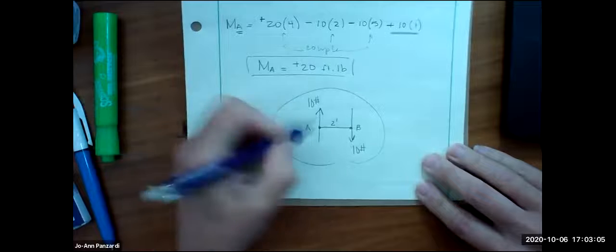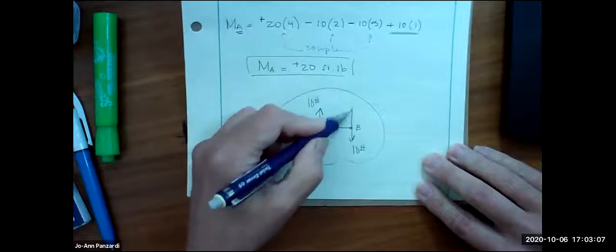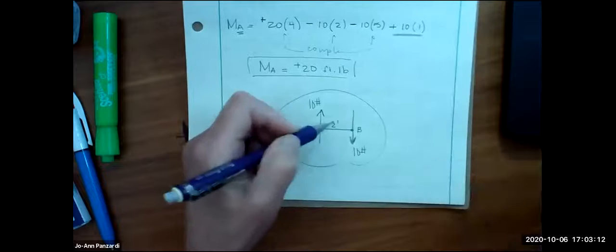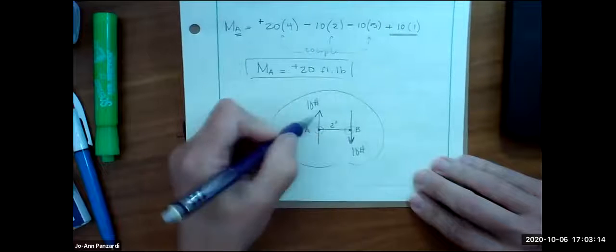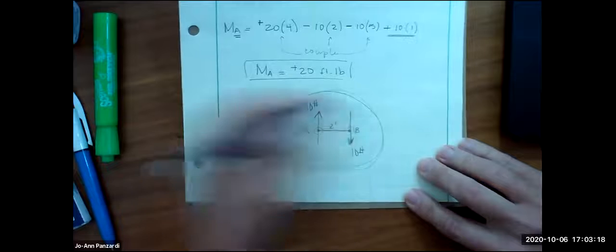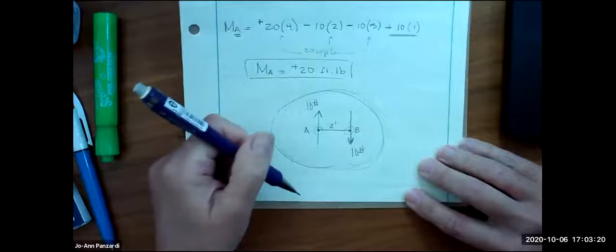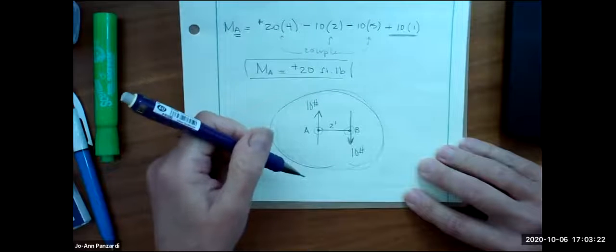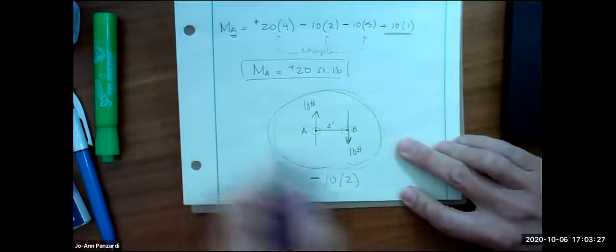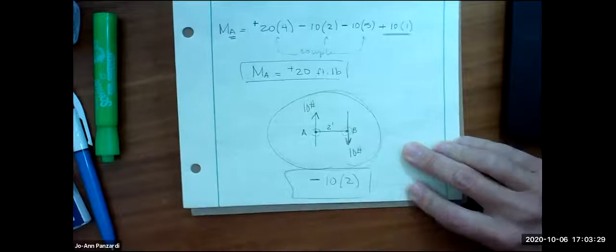If I looked at point A, I could look at only this force and say it's 10 times 2 negative. At B, I could only look at this force and it's 10 times 2. Or just look at the whole system and you know that a couple creates the same moment about any point. So it's going to be 10 times 2, negative. Okay, all right, let's go on to more problems.